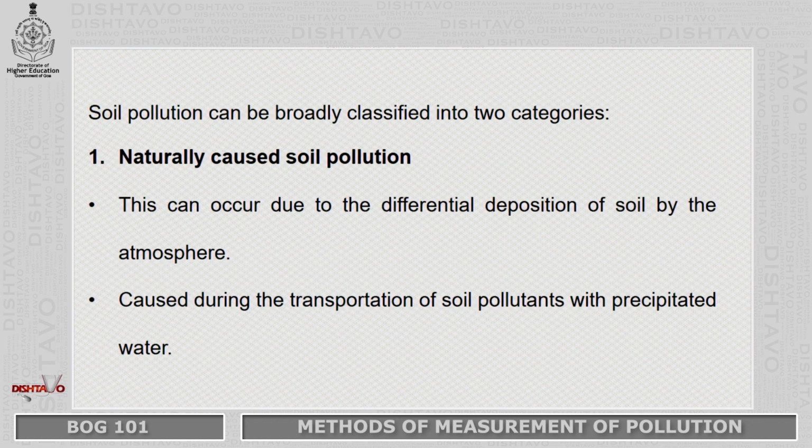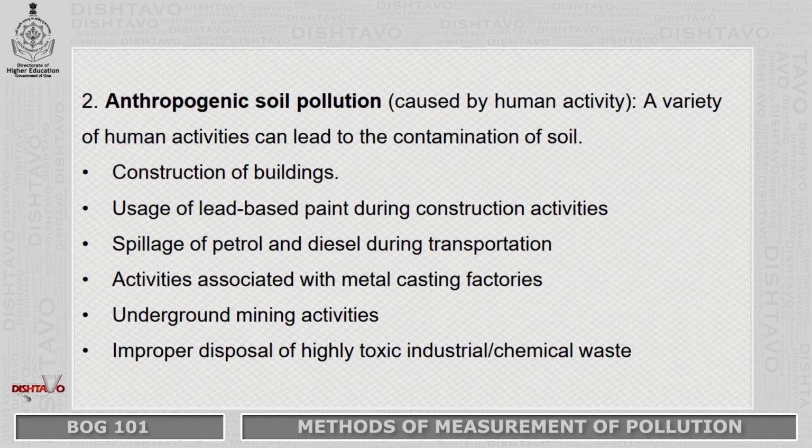Soil pollution can be broadly classified into two categories. Naturally caused soil pollution can occur due to the differential deposition of soil by the atmosphere. This is caused during the transportation of soil pollutants with precipitated water. Anthropogenic soil pollution is caused by human activity.